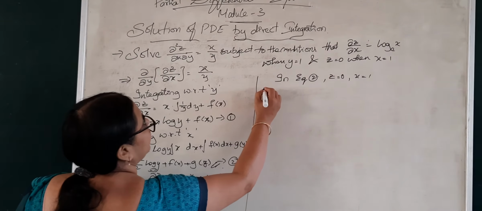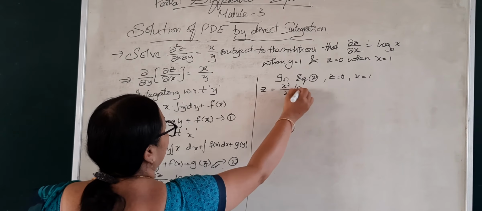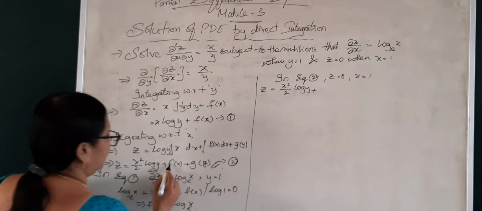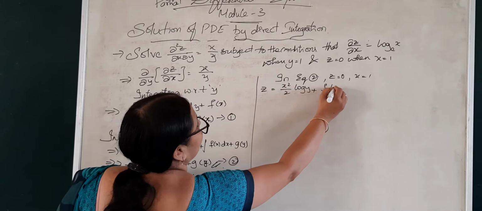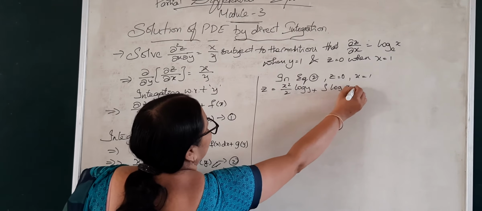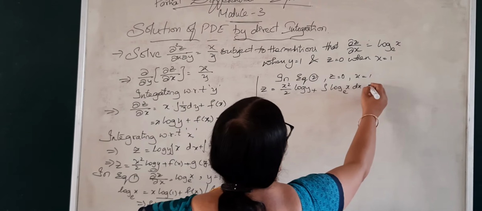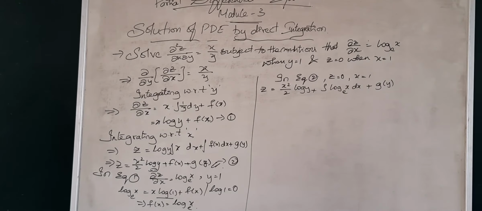So first we'll rewrite this. z is equal to x square by 2 log y plus, instead of capital F of x, we can write integral log x to the base e dx plus g of y. Okay, so that is the condition.